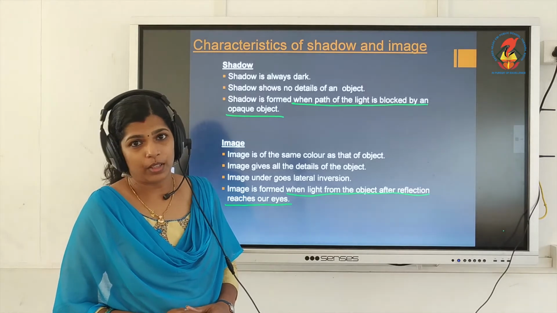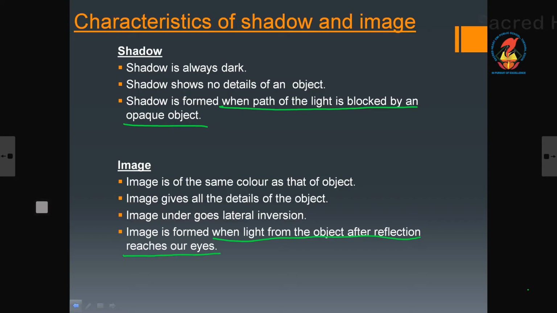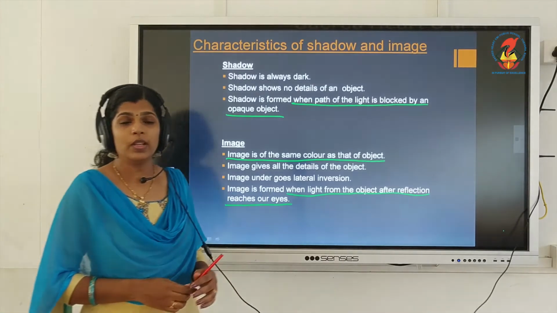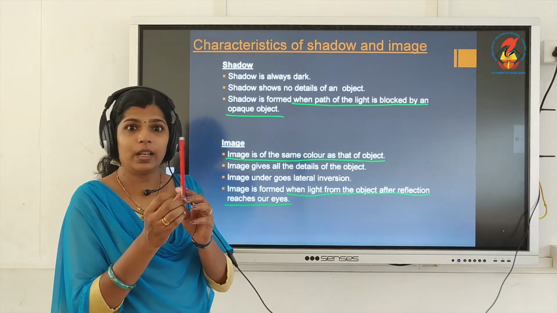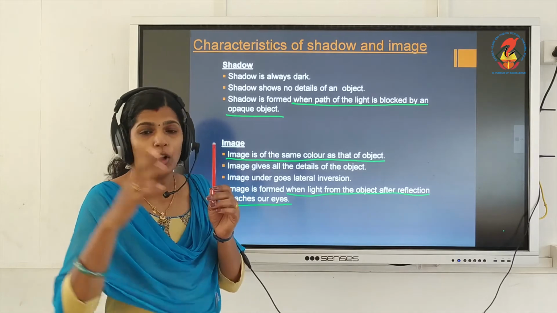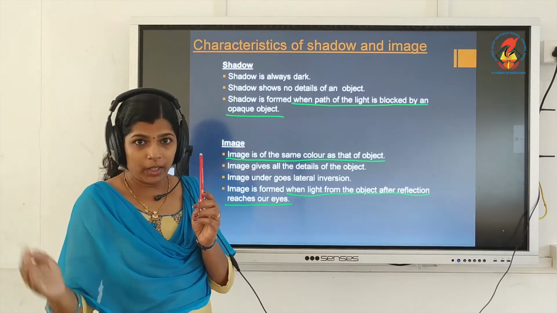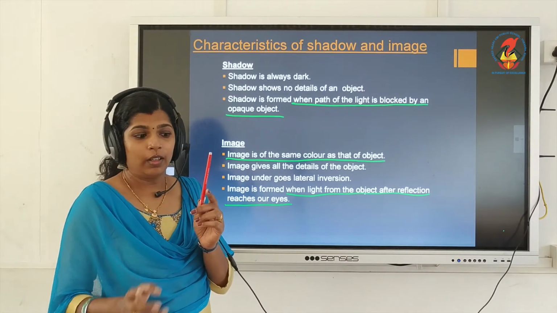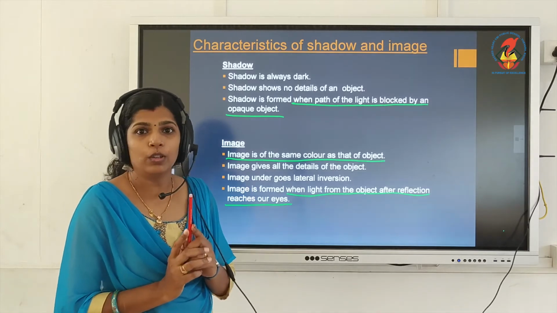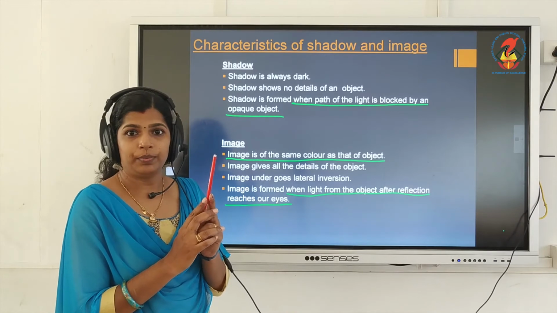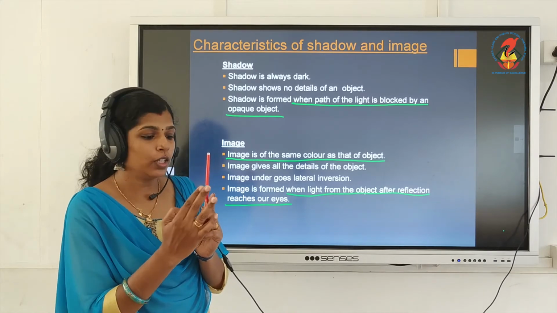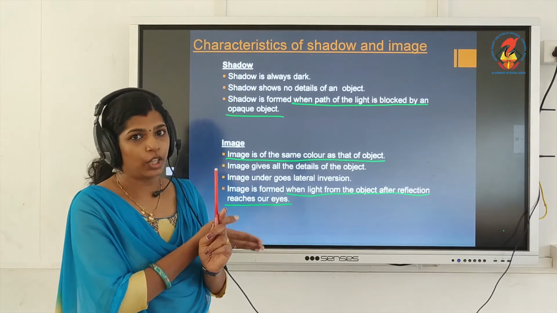Now here the image is of the same color as that of the object. Here it is a red pen. If you form an image with the help of a plane mirror, its image will be also red in color. Now if this one is an opaque object, when light falls on this opaque object, definitely you will get a shadow.